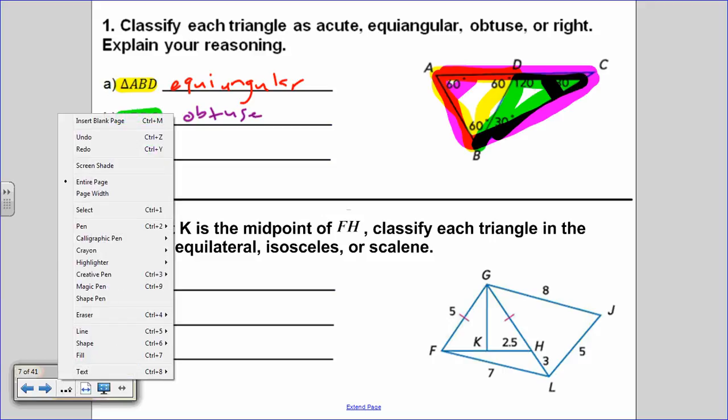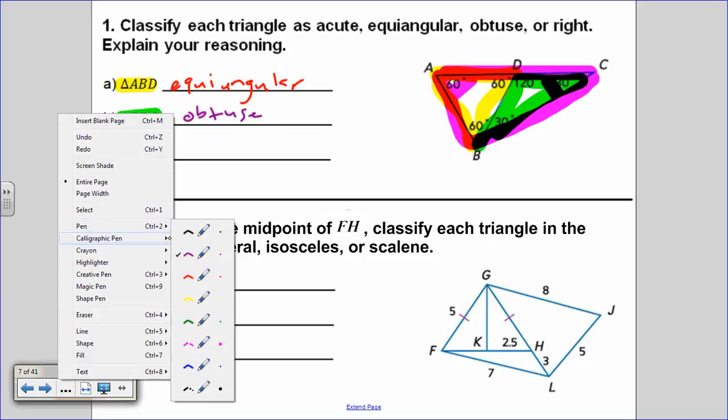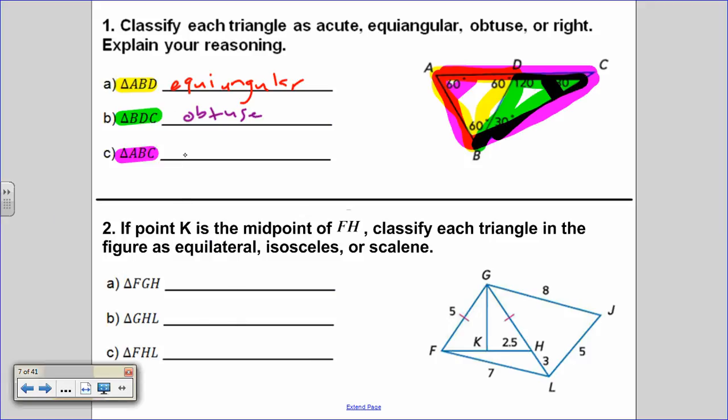So that means triangle ABC is a right triangle. Please do example 2 at the bottom and make sure you take a picture.